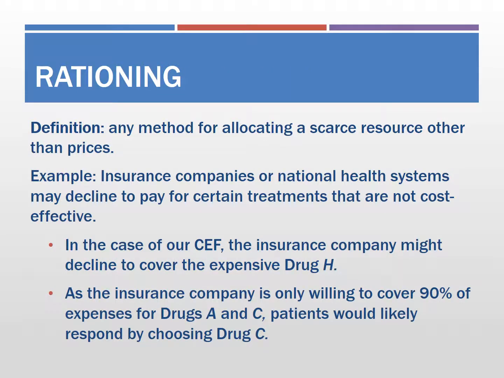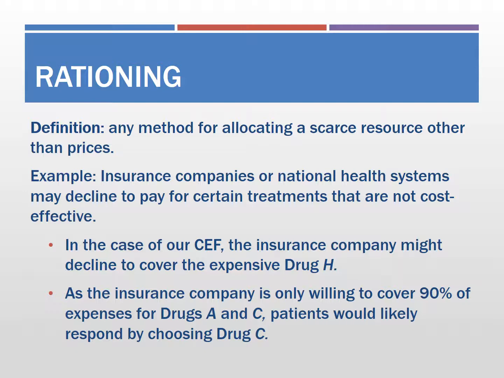Rationing is basically defined as any method used by the insurer, or maybe even a public insurer, for allocating scarce resources other than prices. For example, the insurance company or national health insurance system might decline to pay for treatments that are not cost effective at all.